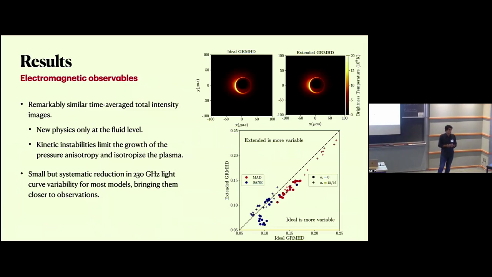What do you mean by numerically converged? In the sense of how high the Lundquist number is, let's say, which we do care about in MHD simulations. I don't have the number off the top of my head, but these are simulations of standard resolution in EHD, probably 384 in the radial direction. So it's not converged.